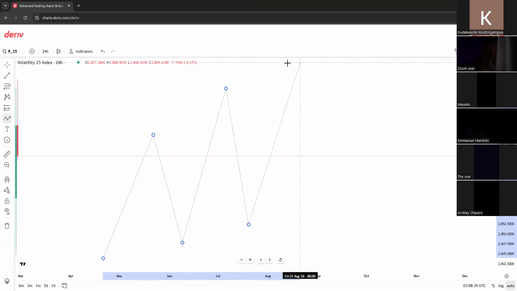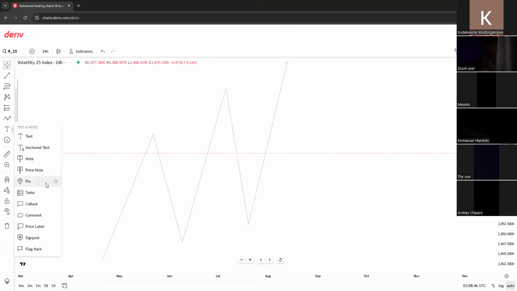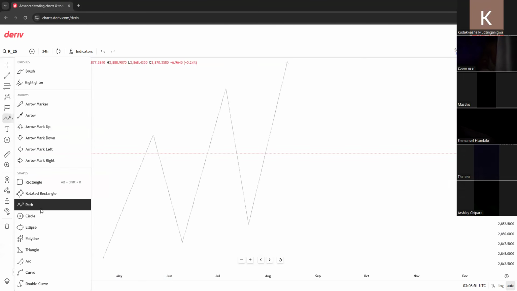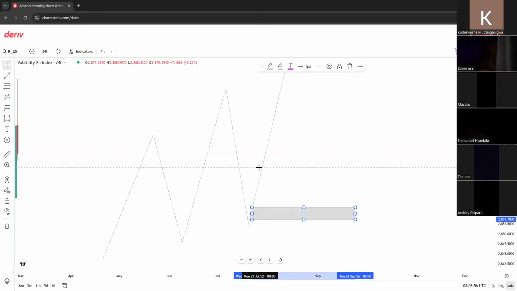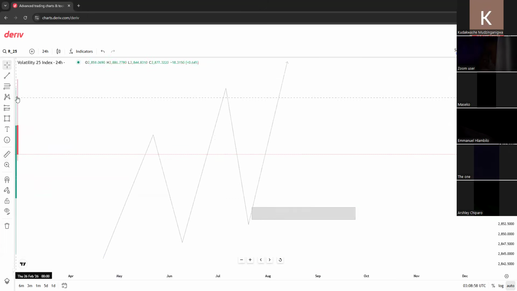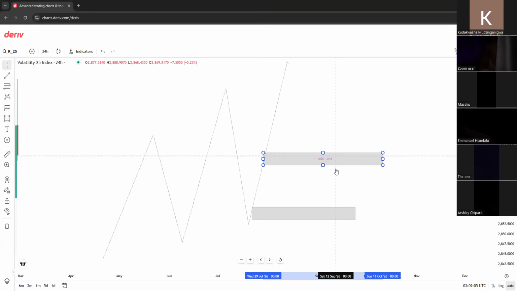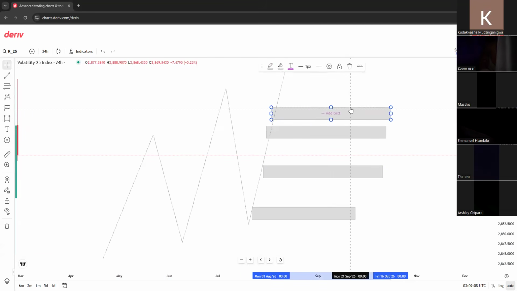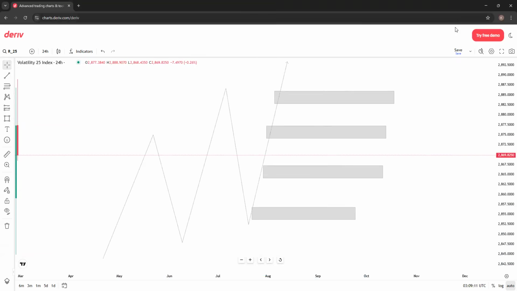And you see that we have a gap here, a gap here, another gap here, and another gap here. And now you don't know which gap the market is going to use.